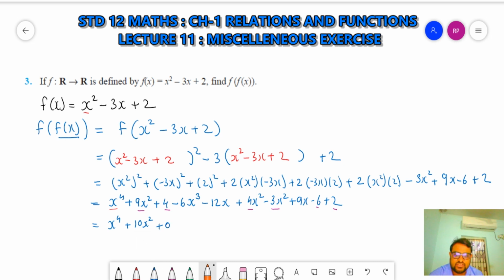Now x cube, minus 6x cube. Okay, only one term of x cube. Then I'll ask only x: minus 12x plus 9x, that will be equal to minus 3x. Okay, now let's rearrange. It will be x raised to power 4, minus 6x cube, plus 10x square, minus 3x plus 0. Okay, so this is your answer.